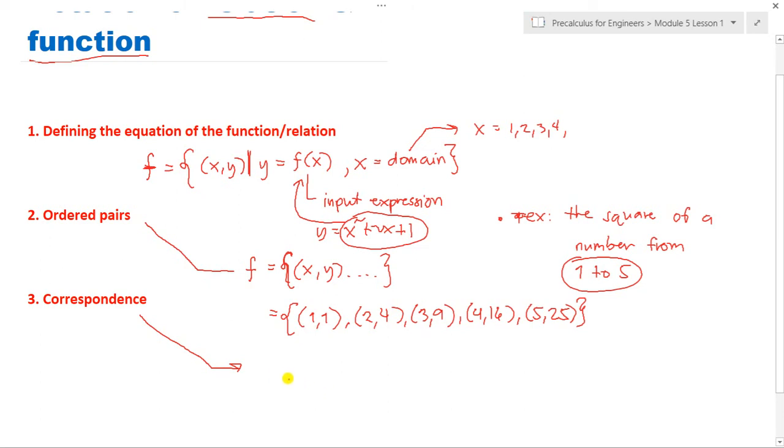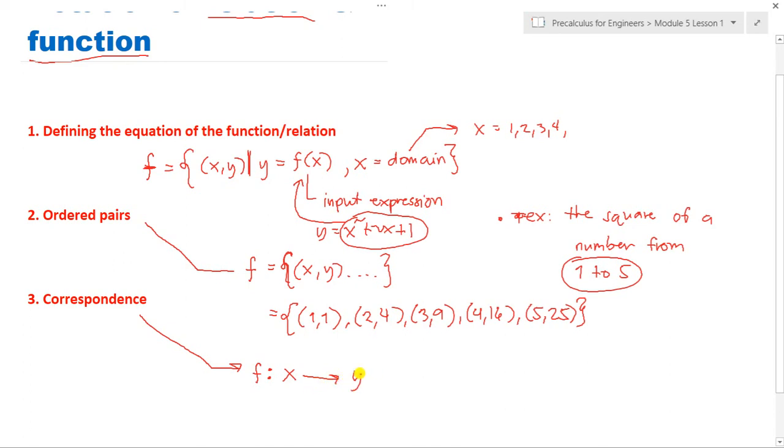So again, in writing this method, you just write again the small letter f, but this time it is not an equal sign anymore but a colon. So colon, the next you write the independent variable x, and then you write an arrow. It will be read as x corresponds to y.